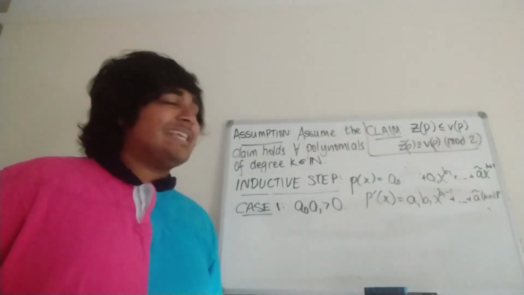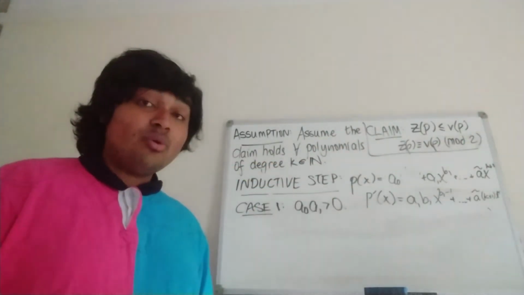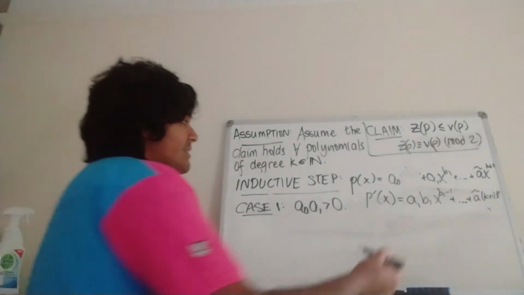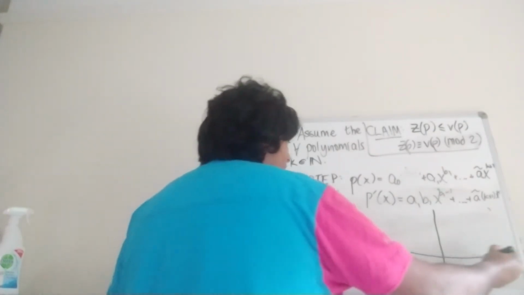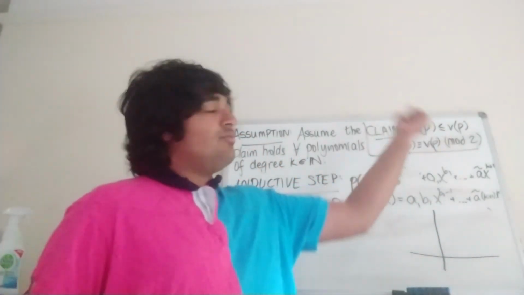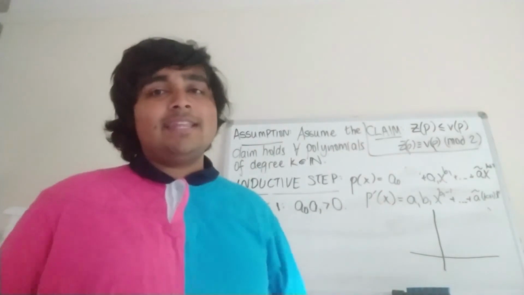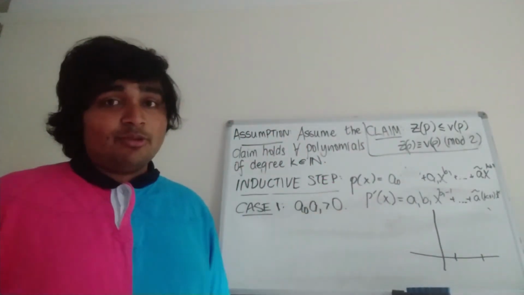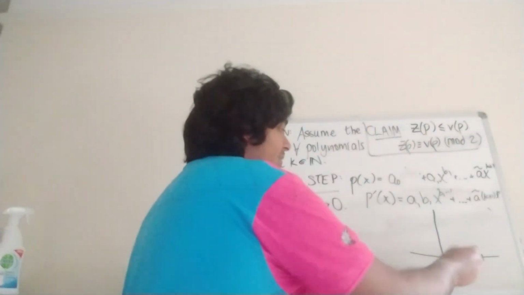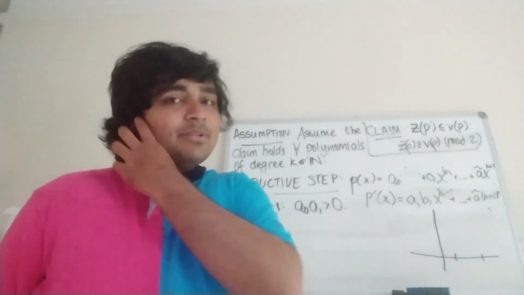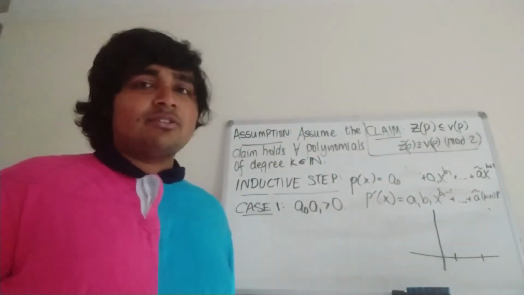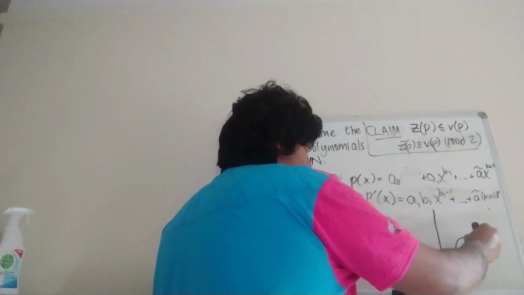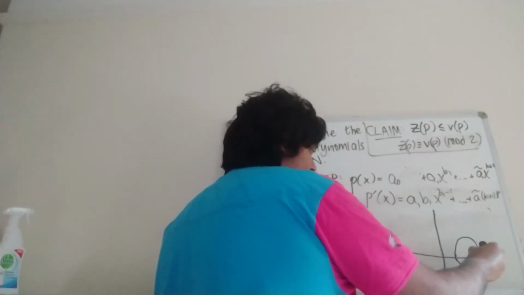Okay, so to prove that z of p is less than or equal to v of p, we actually have to use something called Rolle's theorem, which is a very fancy way of proving something kind of intuitive. But if you just think of any sort of graph, like so, and we're going to consider any two roots, in this case positive roots, but any two roots of a function, and it's a continuous function, which polynomials certainly are, then if it passes through these two points, then certainly somewhere in between, the derivative has got to be 0, because it's either going to do something like this, or maybe something like this.